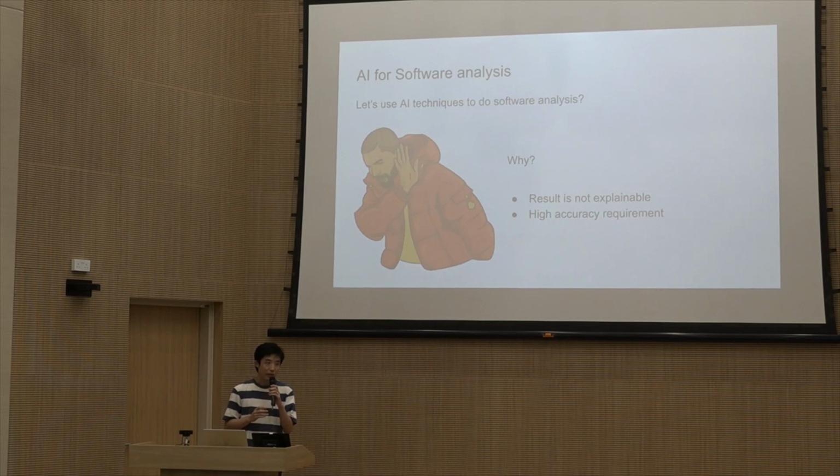And the other thing is, most software analysis techniques require high accuracy, because if we execute a program, most of the time the result is deterministic. So we need high accuracy for software analysis. That's why mostly we don't use AI techniques for software analysis.